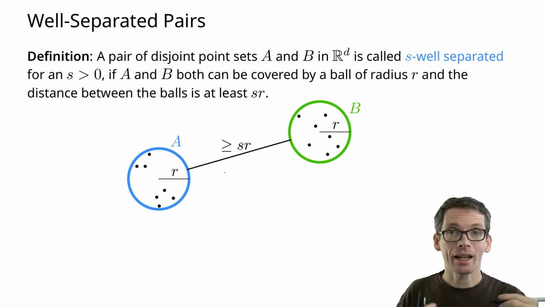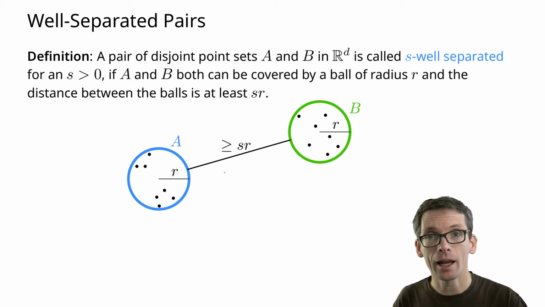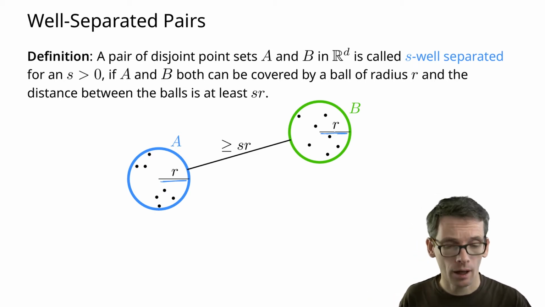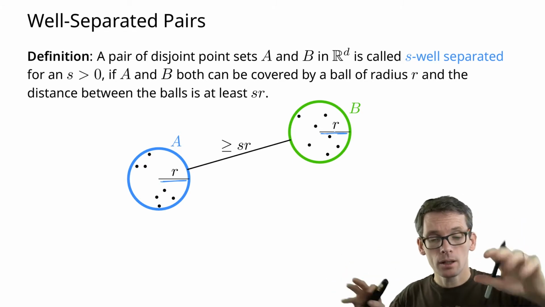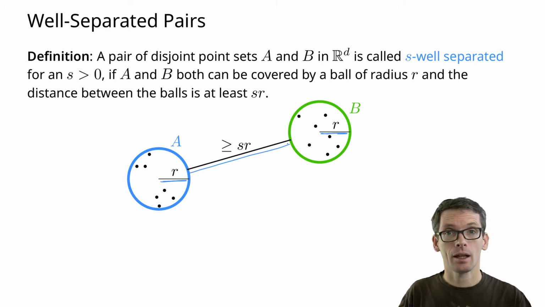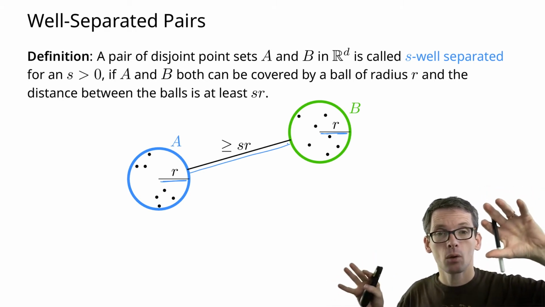We say that A and B are s-well separated if I can cover A by a disk and B by a disk, and I want to have disks of the same size and they have a radius r, let's say, and I can place these disks such that the distance between the disks is at least s times r. So then these 2 point sets are said to be s-well separated.